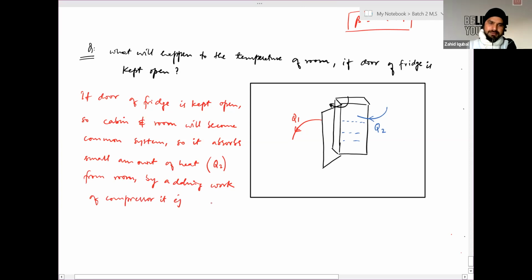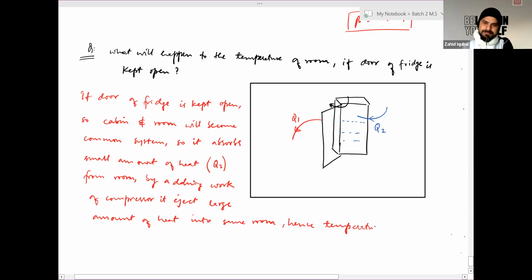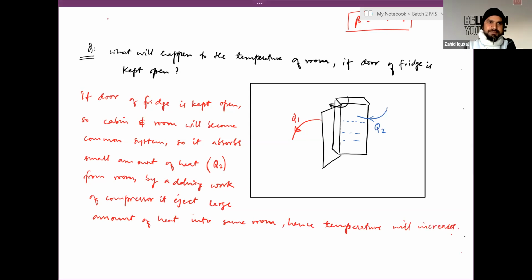It ejects a large amount of heat into the same room. Hence, the temperature will increase. Samira, is it clear? Yes, sir.